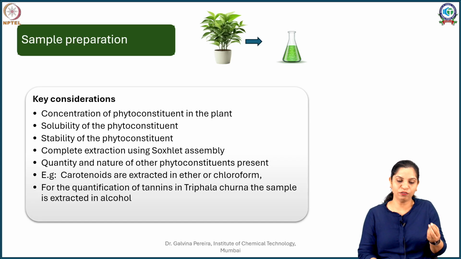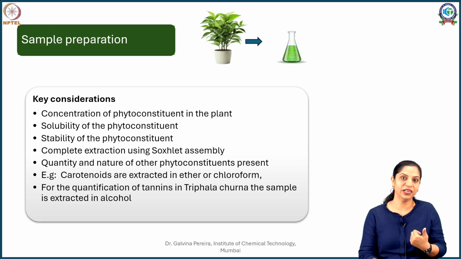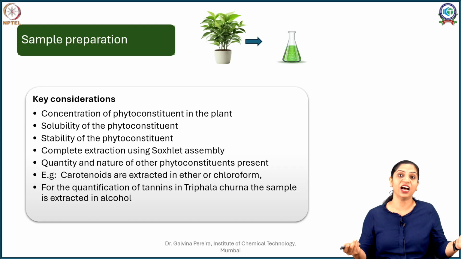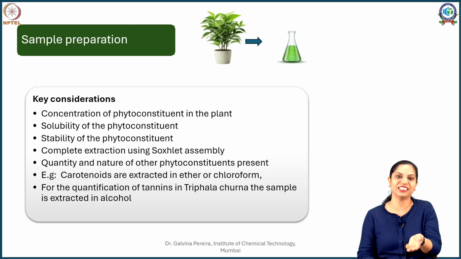So if I have to quantify that, how much sample do I take to extract that particular compound? That will be the deciding factor. So if the concentration is less, you will have to take a large quantity of sample. On the other side, if the concentration is very high, say 2%, 5%, then even if I take 1 gram of sample for my analysis, it's perfectly fine.